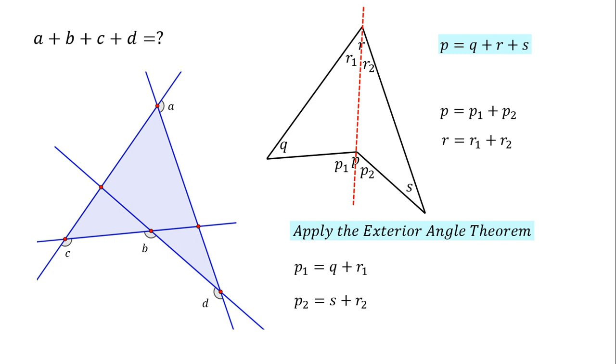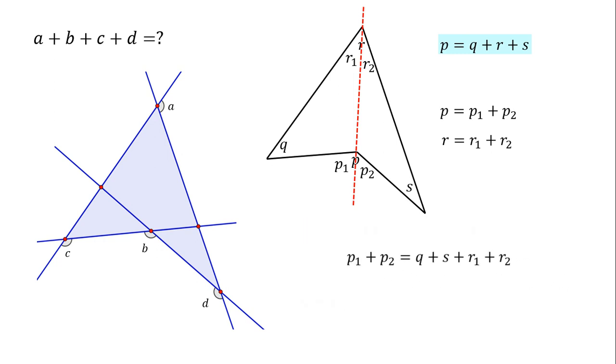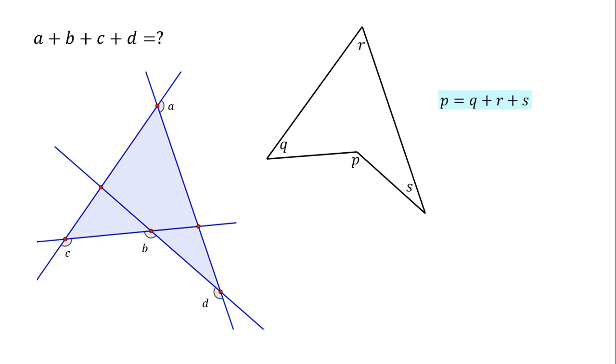Now if we add these two equations, we get P1 plus P2 equals Q plus S plus R1 plus R2. But take note that P1 plus P2 is equal to P and R1 plus R2 is equal to R. So this equation becomes P equals Q plus S plus R. So now we have shown that P is equal to Q plus R plus S.